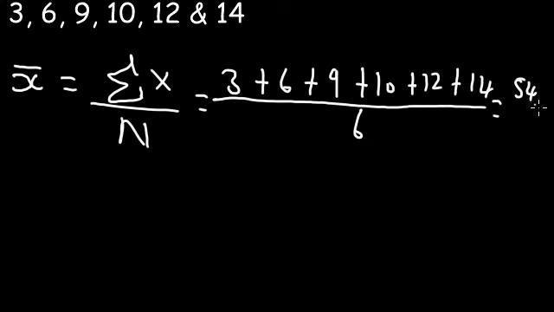So we have 54 divided by 6. And when we divide 54 by 6, we will get 9. So therefore, X bar is equal to 9. And that's how to easily determine the mean or average of ungrouped data.